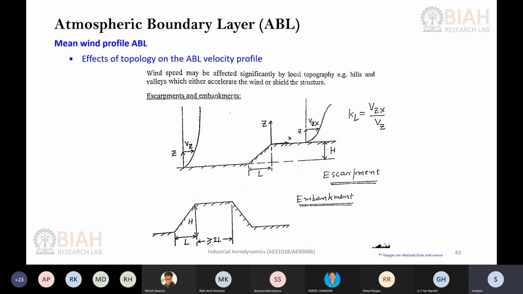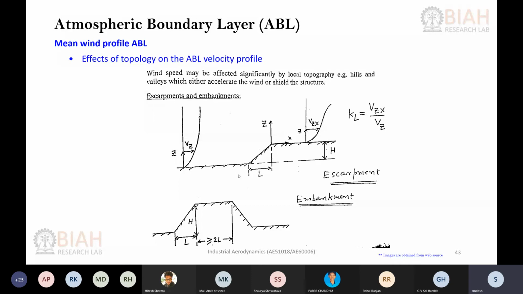Now the next thing is the effect of topography. So far we have seen the ground is flat, or you don't have an abrupt change on the ground surface. Maybe you can have an urban condition, but still the overall flatness is there on the ground.